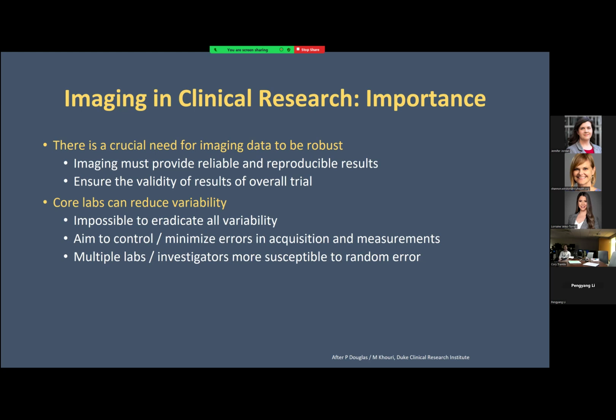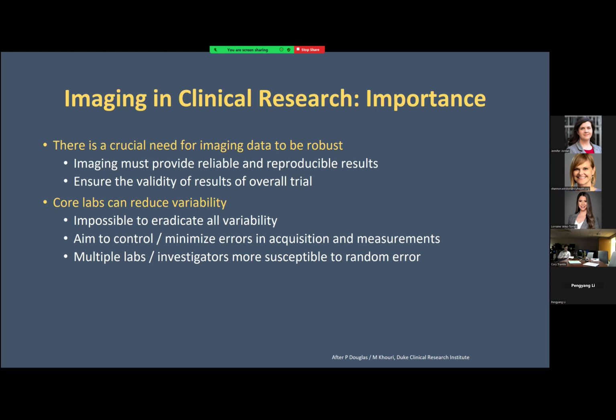And that helps reduce the person-to-person variability, even if you have different scanning systems, like different vendors or different platforms in your study. You can help reduce the variability by having the core lab read all of the scans.